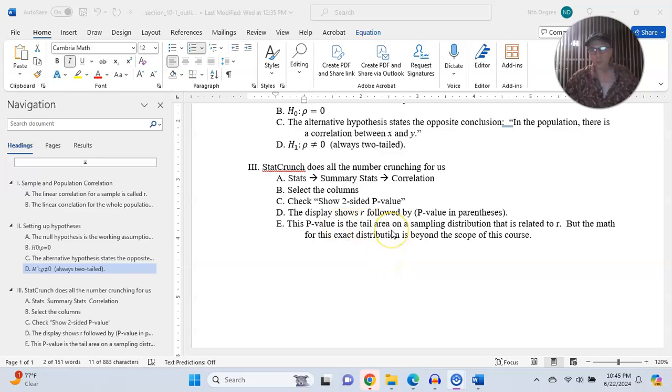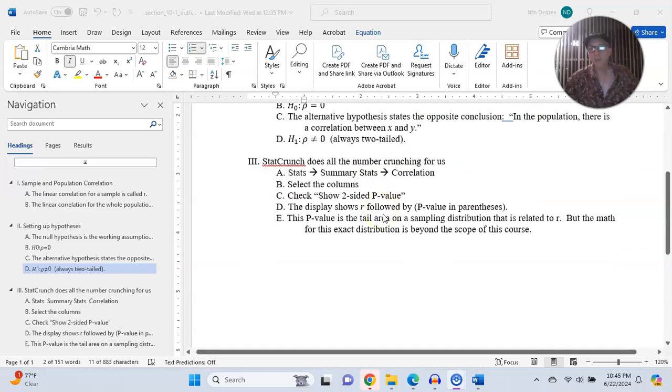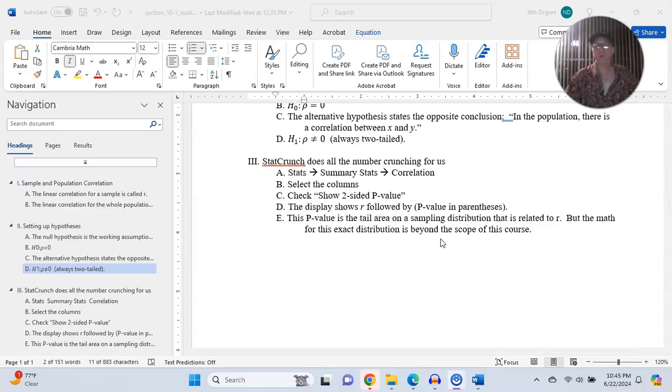I just wanted to take one last peek at the lecture outline and draw your attention to something down here. If you're an advanced student, you might be curious about what this p-value really represents. A p-value is a tail area, but we don't know what it's a tail area of.